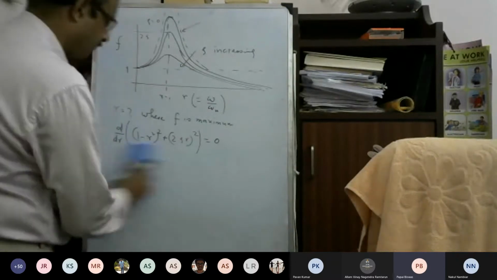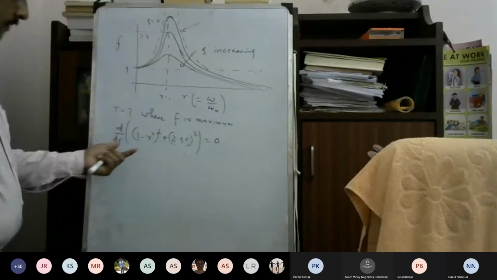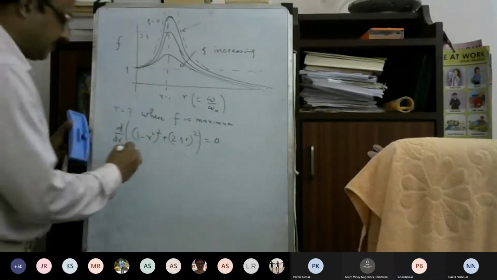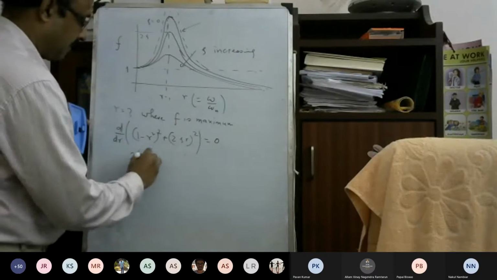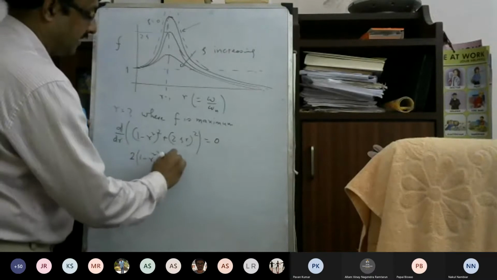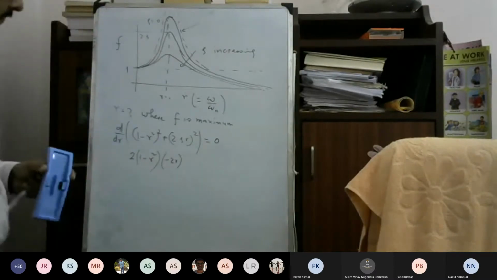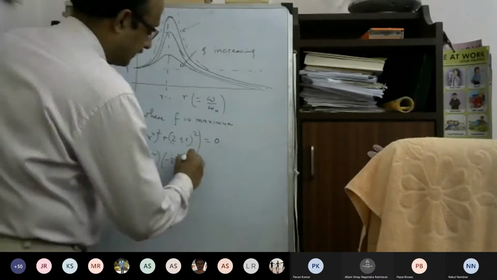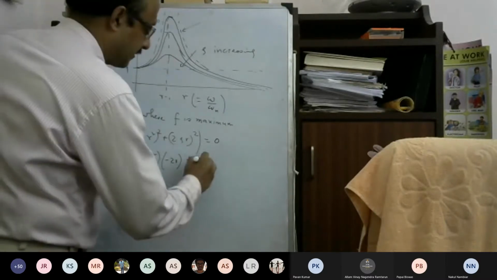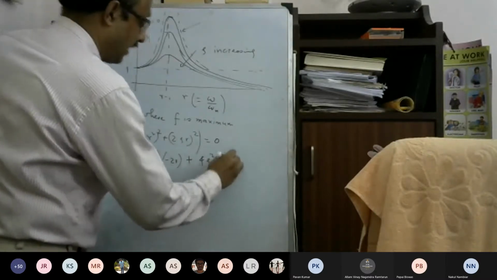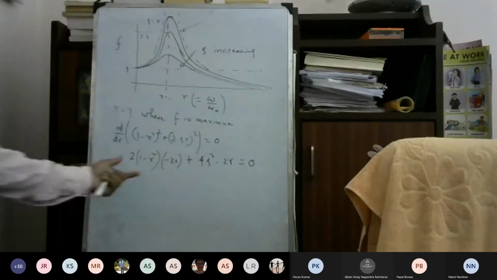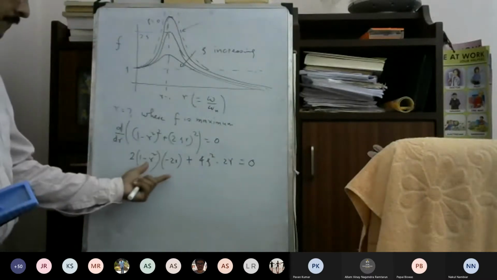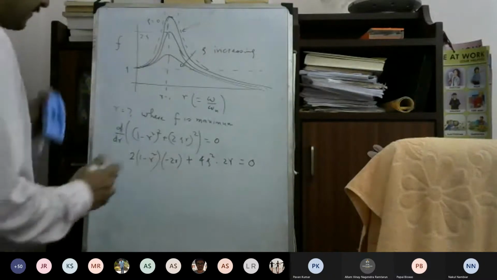Okay. You take the derivative: 2 (1 minus r square) times minus 2r, plus 4 zeta square times 2r, that is equal to 0. That's it.